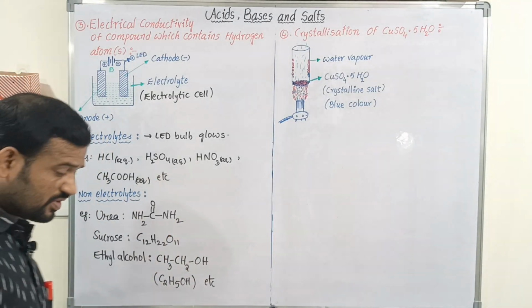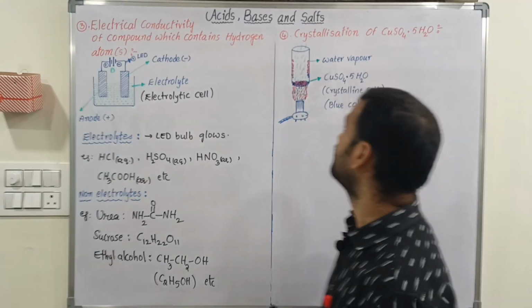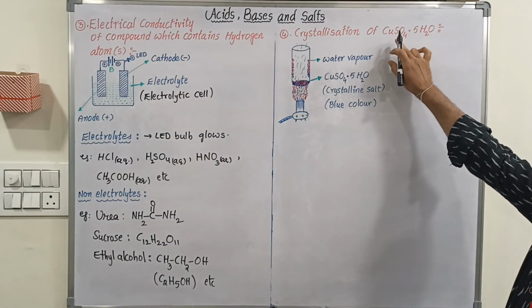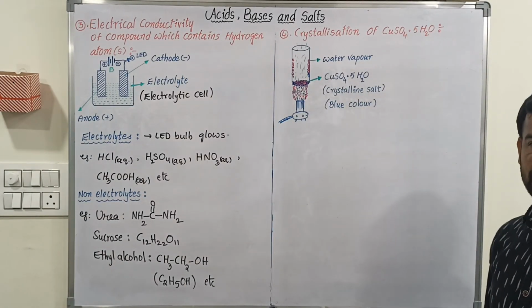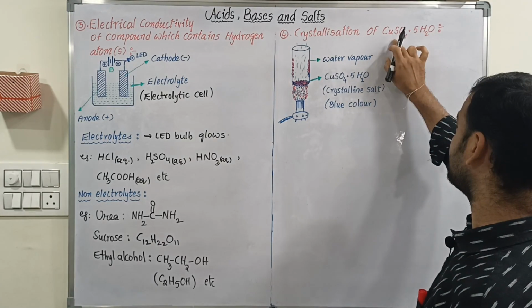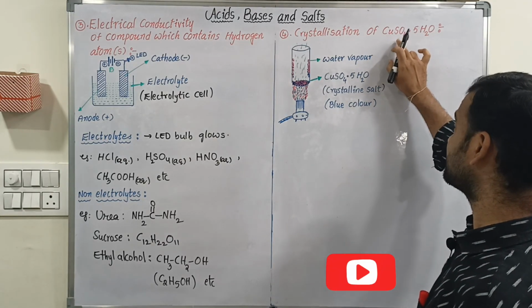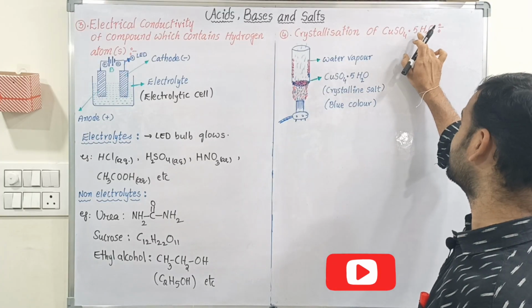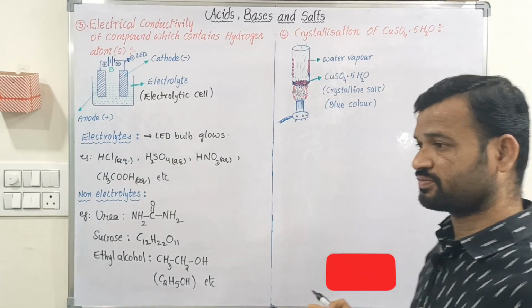Next, fourth one is crystallization of pentahydrated copper sulfate solution. Copper sulfate solution. So here this copper sulfate, it is the crystalline salt. It contains 5 moles of water molecules.